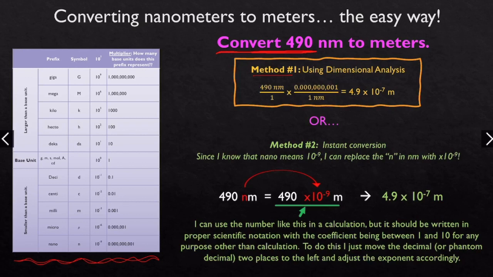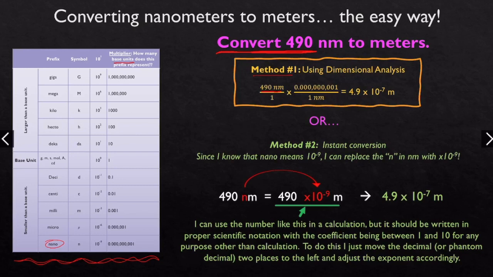So we're going to start with 490 nanometers. And then I know by looking at this table down here where nano is, I know that 1 base unit is equal to 0.000000001 nanometer. So I'm going to use that conversion factor.